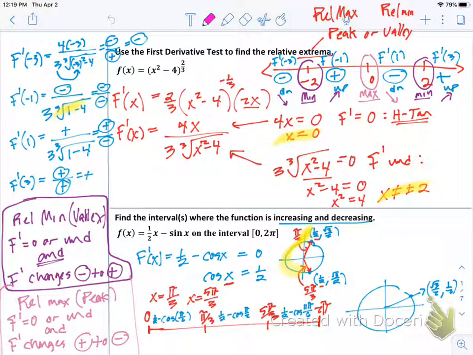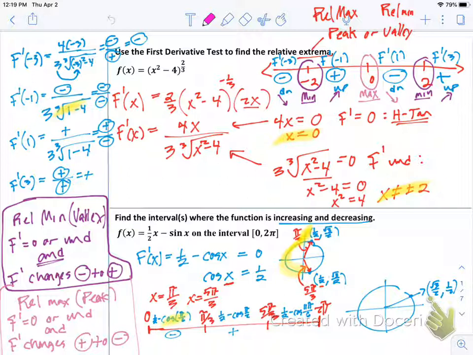So when I look at this, I'm looking at 1/2 minus the square root of 3 over 2. And 1/2 is a little bit smaller than the square root of 3 over 2, magnitude-wise. So 1/2 minus the square root of 3 over 2 is going to be negative. And that's all that matters, I need the sign, remember? And then cosine of pi over 2 is 0, so 1/2 minus 0 is 1/2, but I just wanted to know its sign, a positive result in the first derivative at that value.